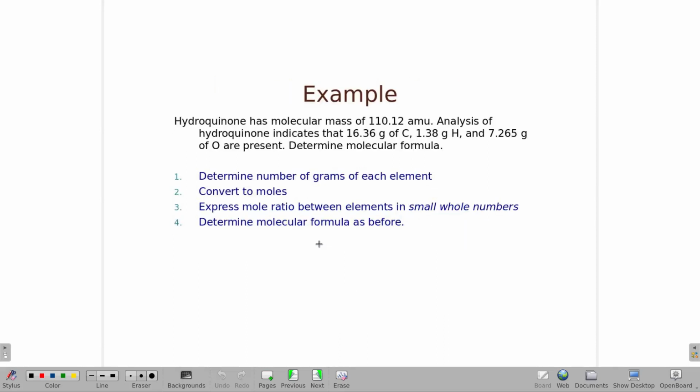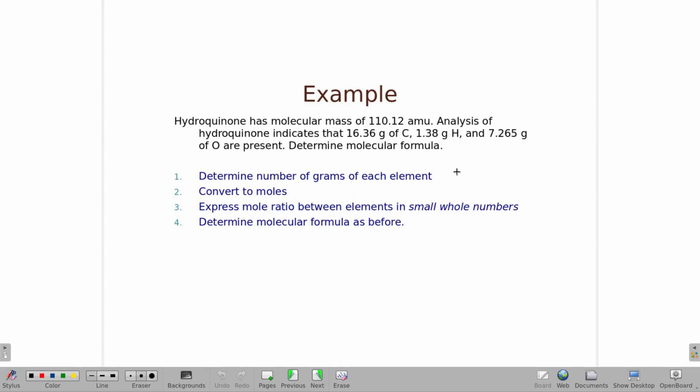Alright, so let's look at a bigger molecule, an interesting one. It has a molecular weight of 110, and we actually know the masses of the carbon, hydrogen, and oxygen present. How will we go about turning that stuff into an actual molecular formula? Well, turns out steps 1, 2, and 3 are just determining the empirical formula.